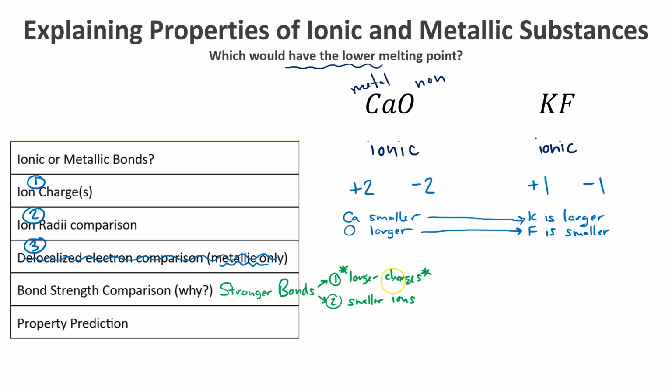That's the purpose of this asterisk. If you've got a larger difference in charge magnitude, in most scenarios you can pay attention to that and essentially ignore any differences in ionic radii. Essentially what this means is that the charges of 2 in calcium oxide are going to result in stronger ionic bonds in calcium oxide, whereas potassium fluoride is going to have weaker ionic bonds.